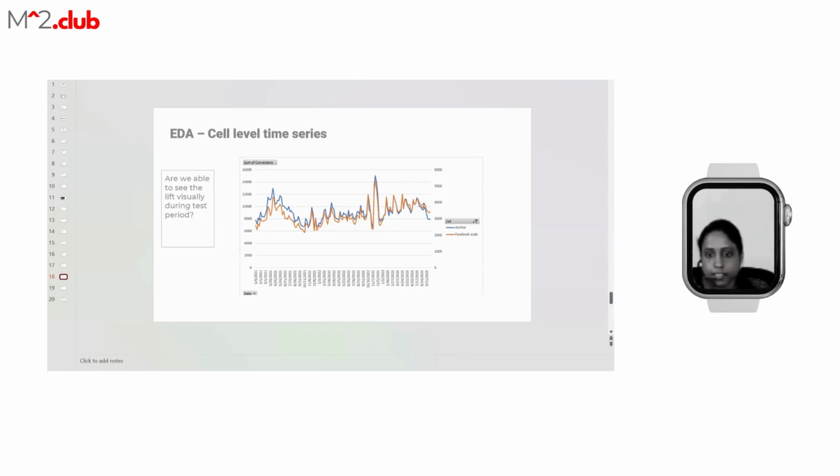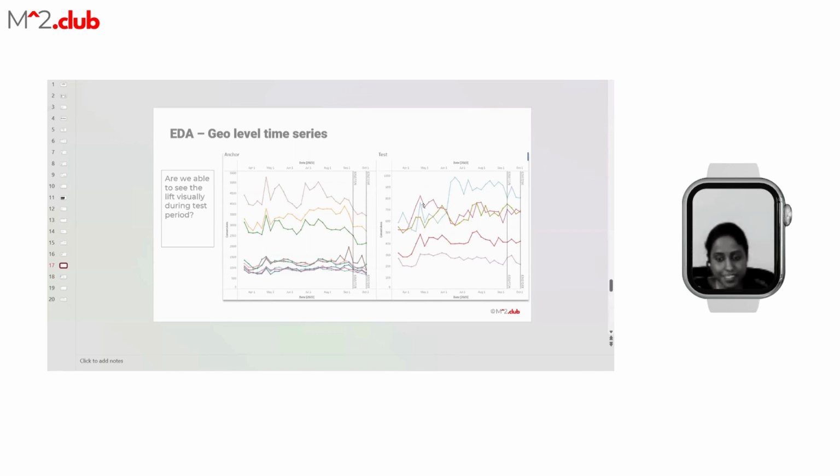And we can see that the anchor cell is underperforming compared to the scale cell. This is a really good, ideal scenario. We will not always be able to see lift like this visually, but it's always good to look. What we will be able to see, though, is that in this kind of individual geo level chart, we can identify some lift happening, if not at the cell level.